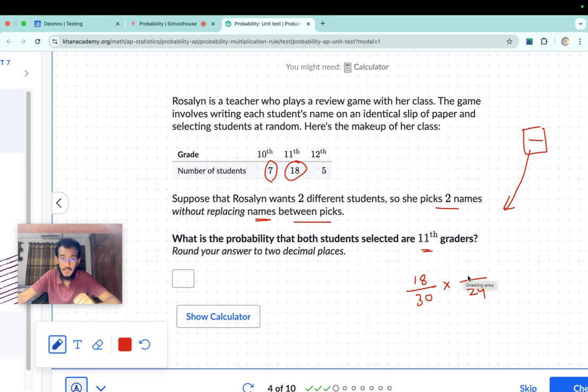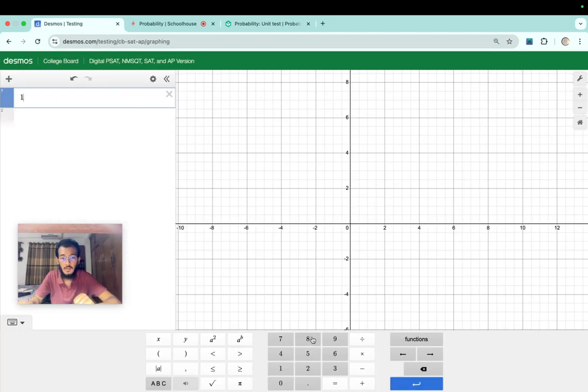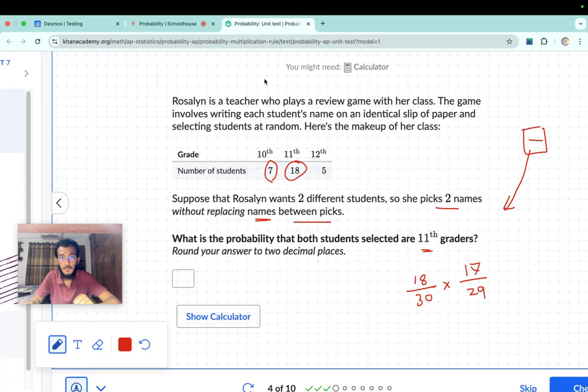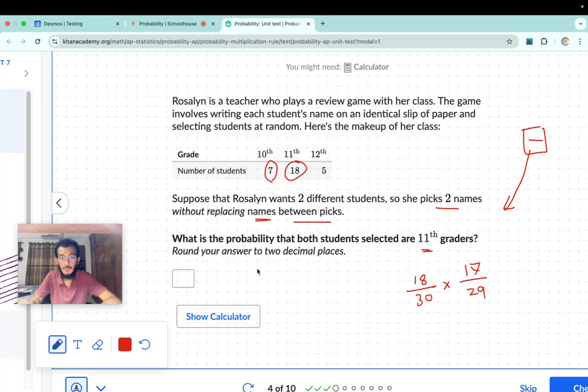So first, if you pick up an 11th grader, that also gets reduced by 1. So this should be our probability: 18 by 30 multiplied by 17 upon 29. So 0.35 should be our answer. Two decimal places.